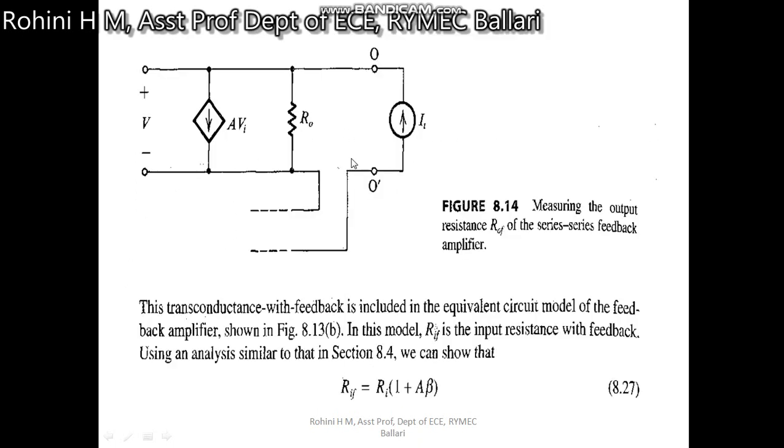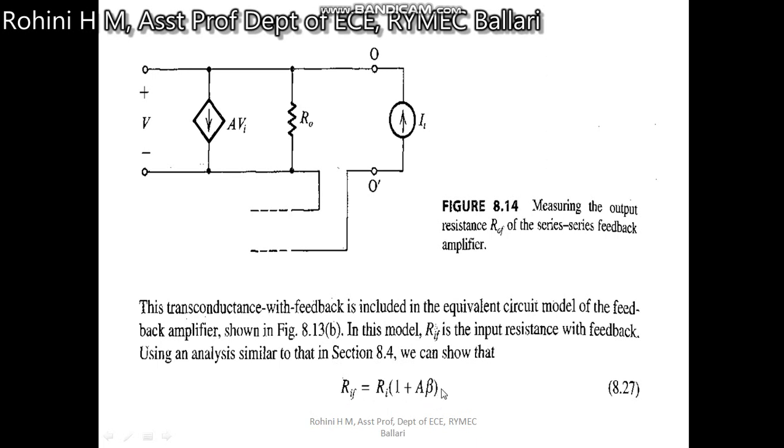Again, in order to measure the output resistance Rof, this is the equivalent circuit that is drawn. The transconductance with feedback is included in the equivalent circuit model of the feedback amplifier. In this model, Rif is the input resistance with feedback. Using the analysis, we can show that Rif is equal to Ri into 1 plus A beta.